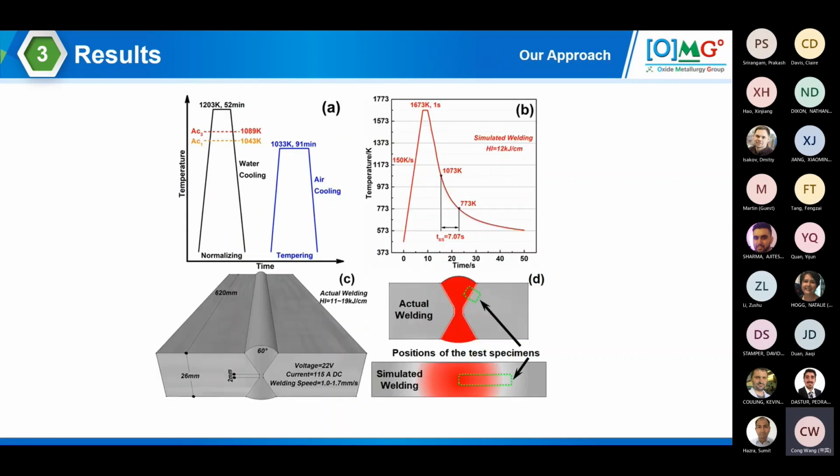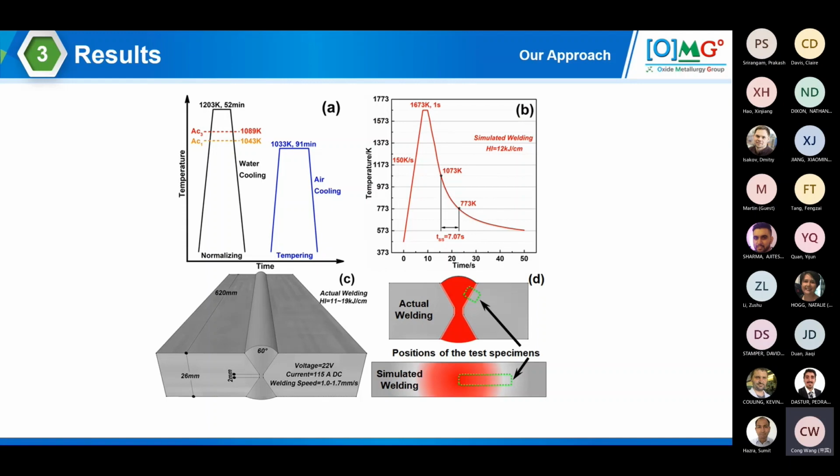What we have done is design a way to simulate welding, to get the simulated welding as compared to the actual welding. People are doing actual welding using different welding techniques, and we are using the Gleeble machine to see whether we are able to enlarge or magnify this soft zone.